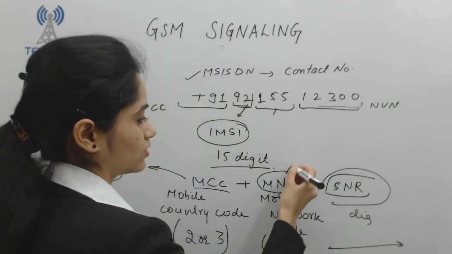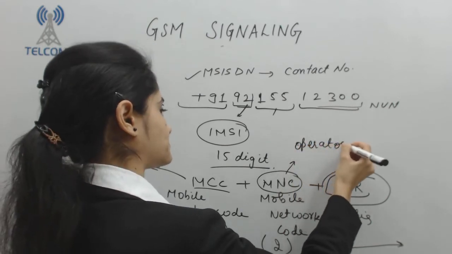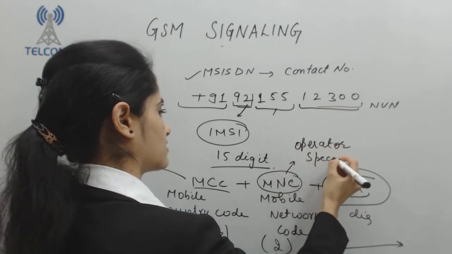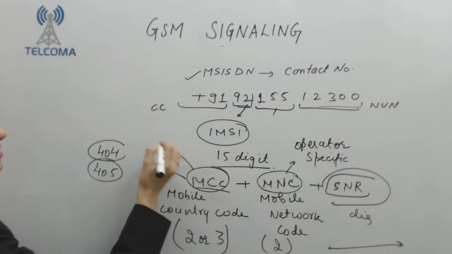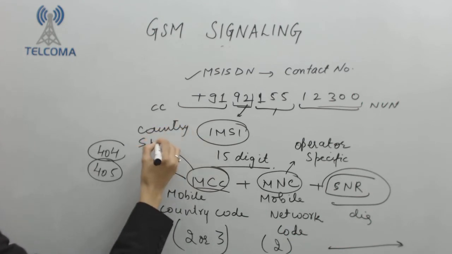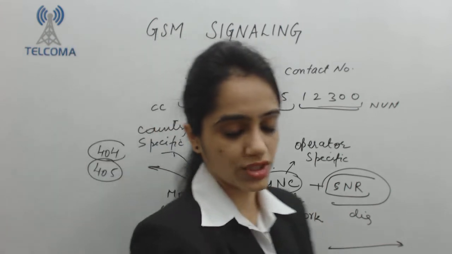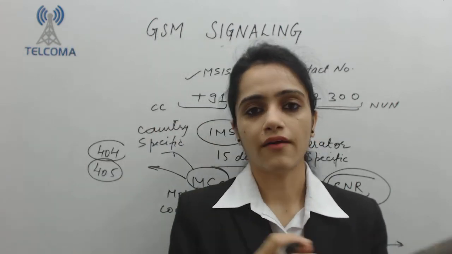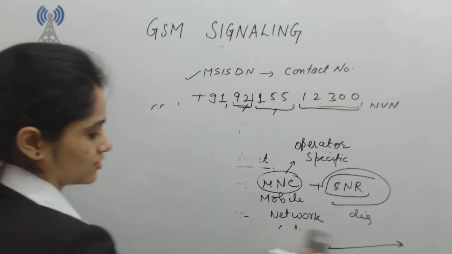That means the mobile network code is operator specific, and the mobile country code is country specific. Now what happens, okay, I'm having both numbers. On a SIM, I will have the MSISDN and I have the IMSI number also.